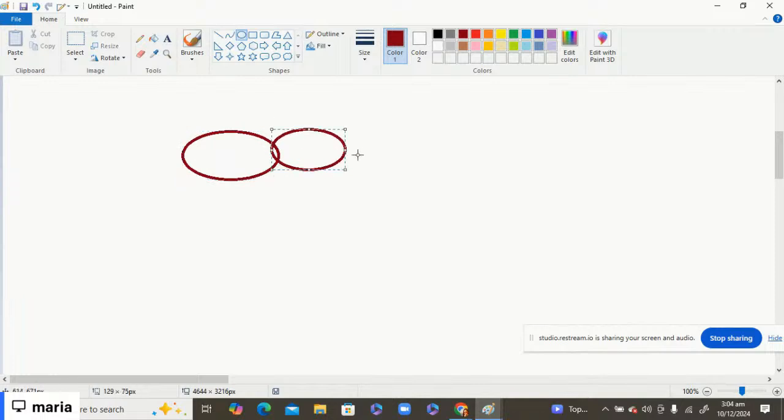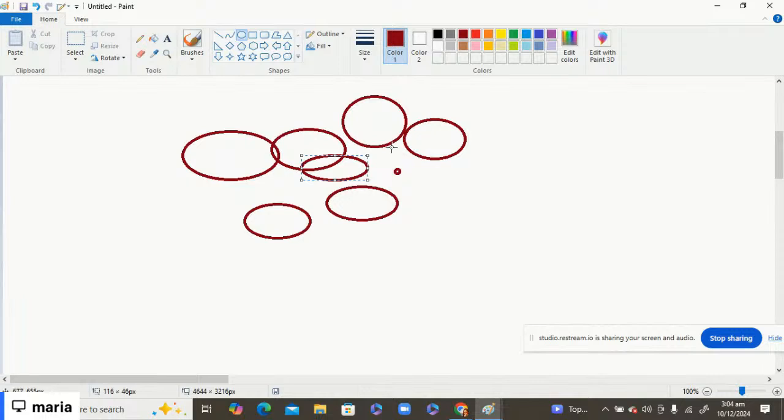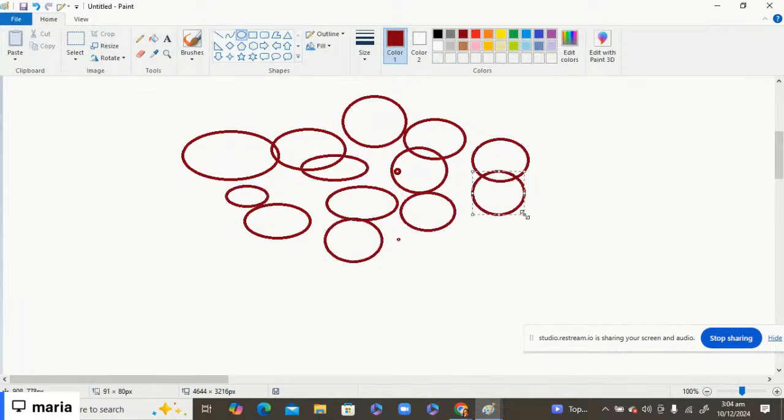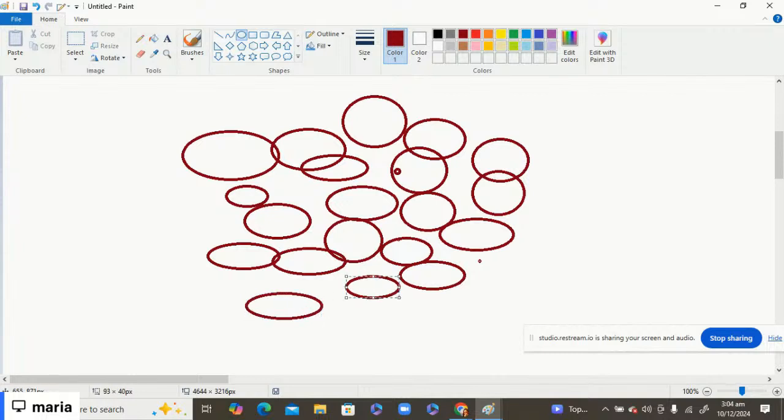If these are the marbles that I'm going to put here, some random marbles. This is not about two portions, this is a random one.